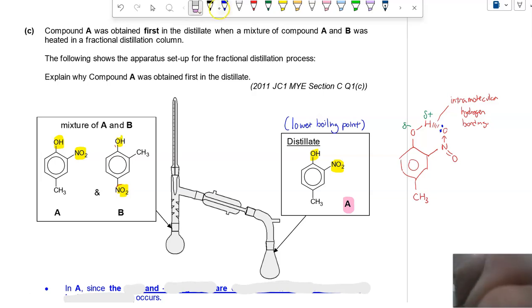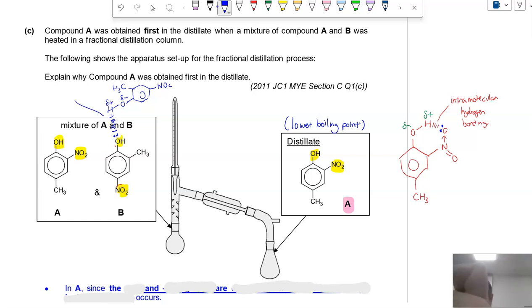Imagine I have another molecule B here, I have an OH here, I draw in the benzene ring, and NO2 is on the other side. This is CH3, NO2 is here. The lone pair on this oxygen can now participate in a hydrogen bond with the hydrogen of another molecule.